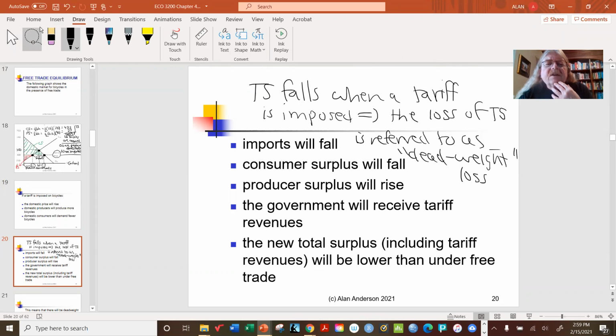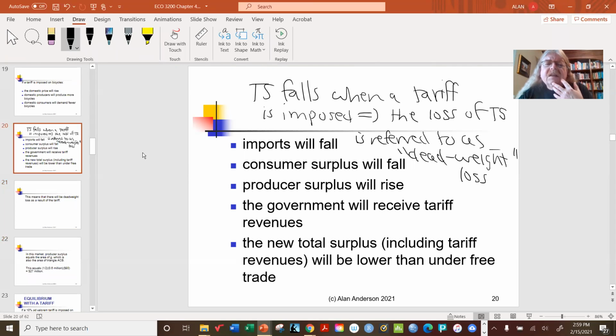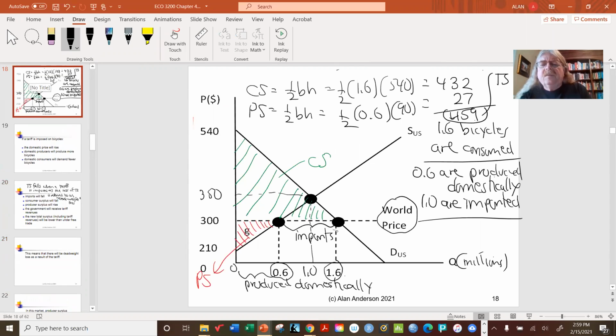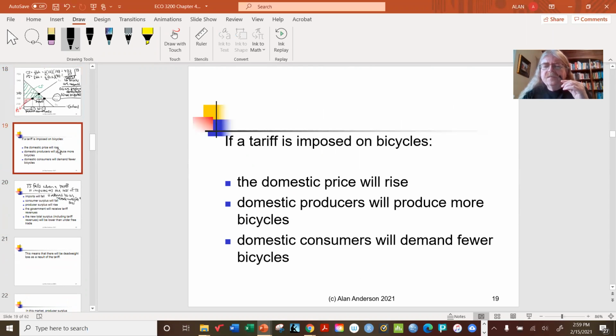Now, there's another consideration here too, which we haven't mentioned, but let's say the United States suddenly comes along, and let's say the bicycles that we're importing are coming from South Korea. If we impose a tariff on these bicycles, it's going to cause losses in the bicycle industry in Korea. So what is one possible reaction to this by the South Korean government? What might they decide to do?